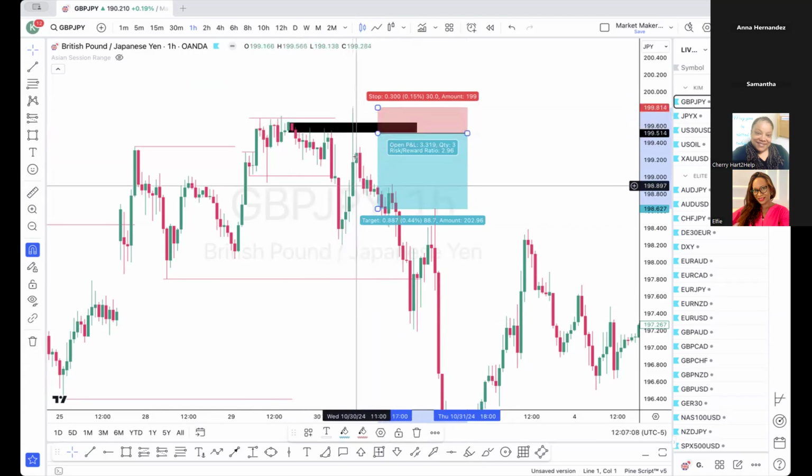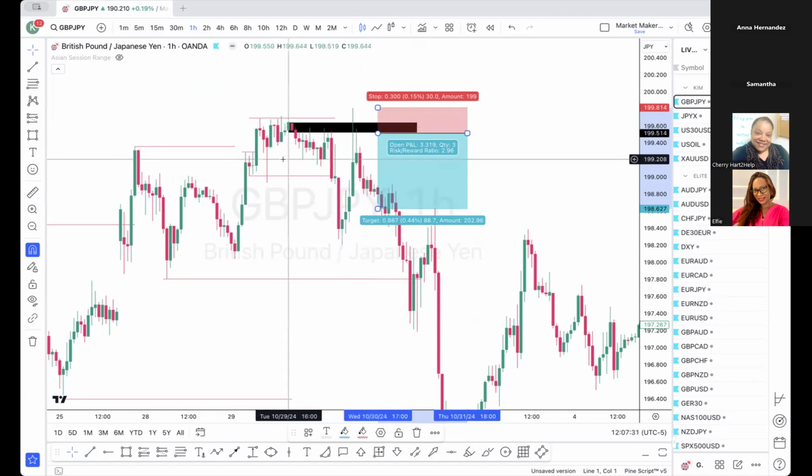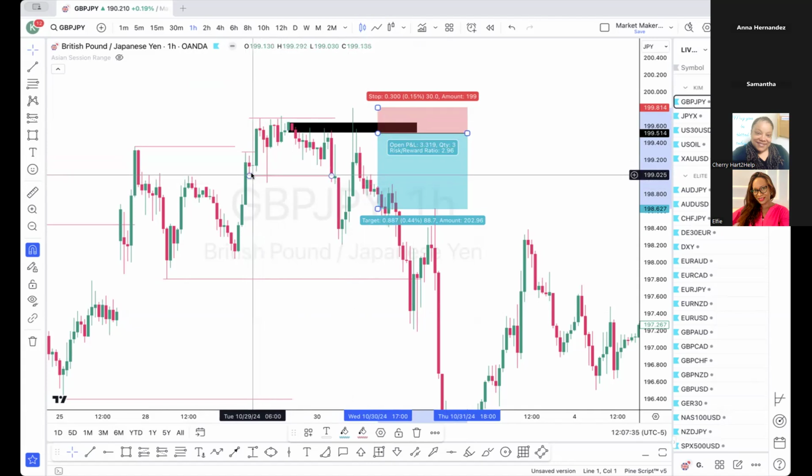But as soon as this structure started breaking to the downside, I would be expecting another move back up. Every time you get a break of structure, you should be expecting a pull back up. That is why I set limits. I don't like stops, because when you're doing a sell stop for a sell, you're selling at the low.